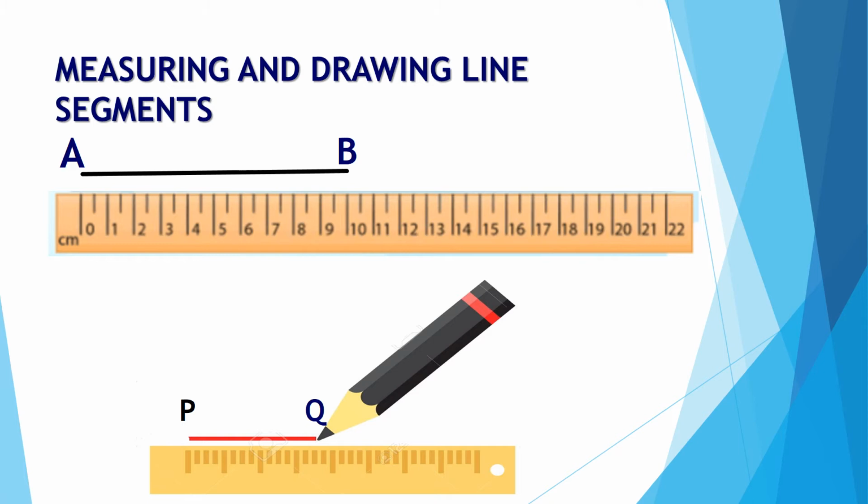Now let us see how to draw a line segment. In order to draw a line segment, for example, say I want to draw a line segment PQ of 5 centimeters. So what do you do?